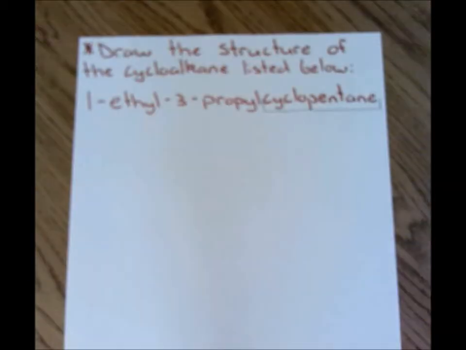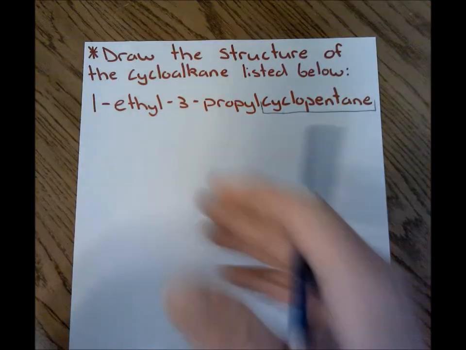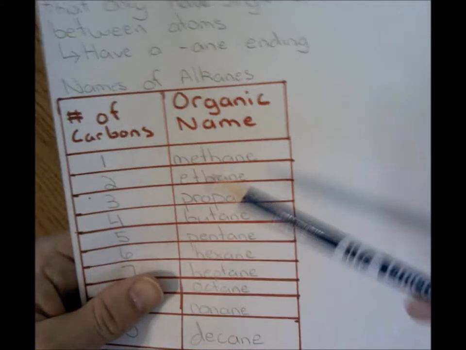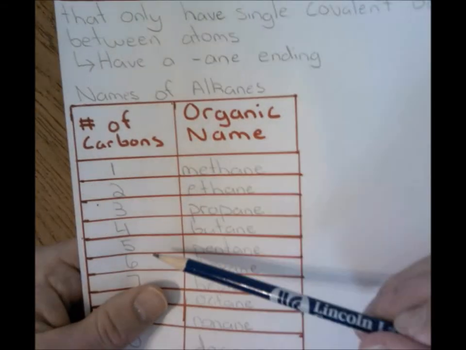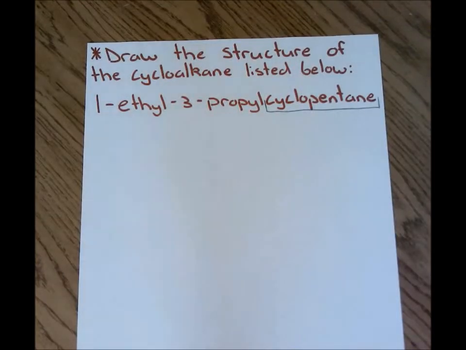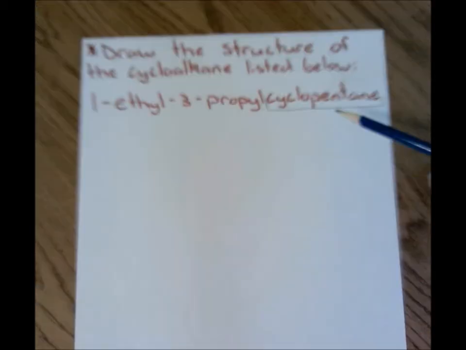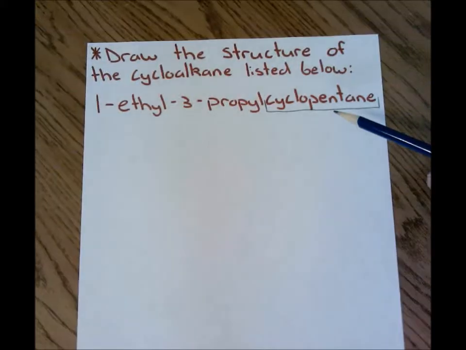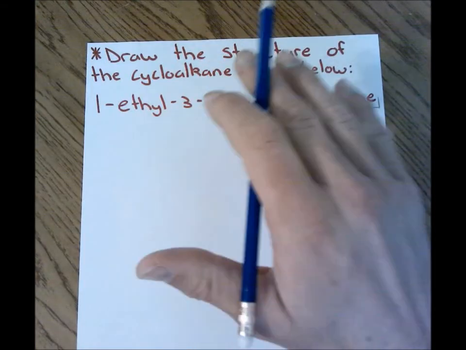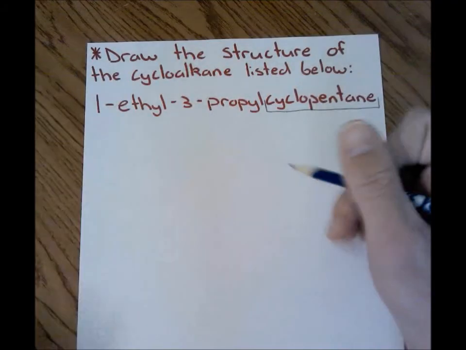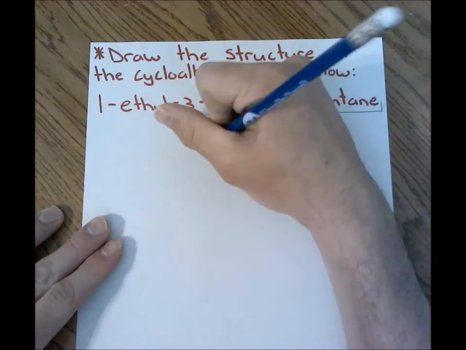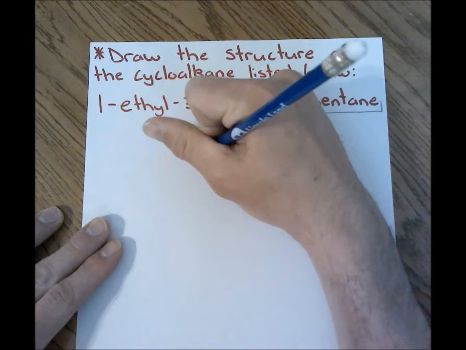So what I like to do, we know that all of these carbons will be connected together in a circle, and there's going to be 5 of them. So I have to have 5 carbons connected together. So I immediately draw my particular carbon. So I have carbon 1, I draw the second carbon, the third carbon, the fourth carbon, and the fifth carbon.